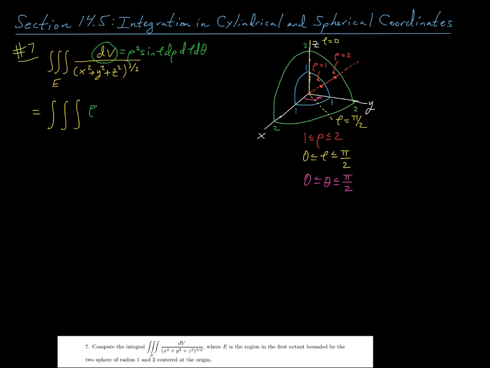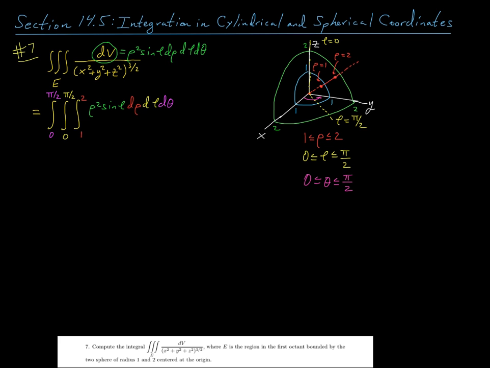So I'll put in our rho squared sine phi term, and then for d rho, we're letting rho vary from 1 to 2, for d phi, we're letting phi vary from 0 to pi over 2, and for d theta, we're letting theta vary from 0 to pi over 2.